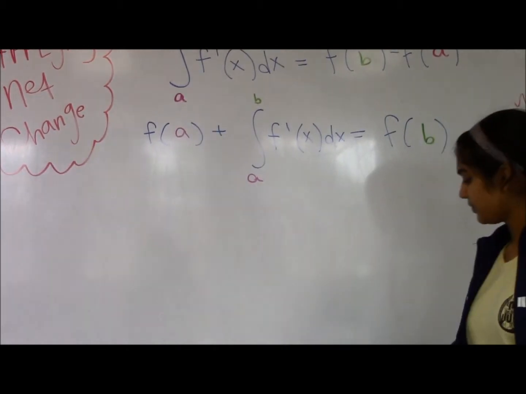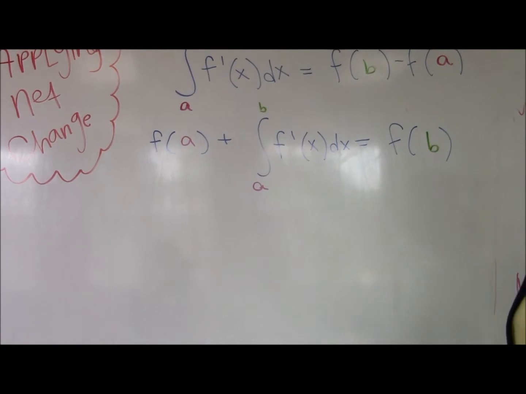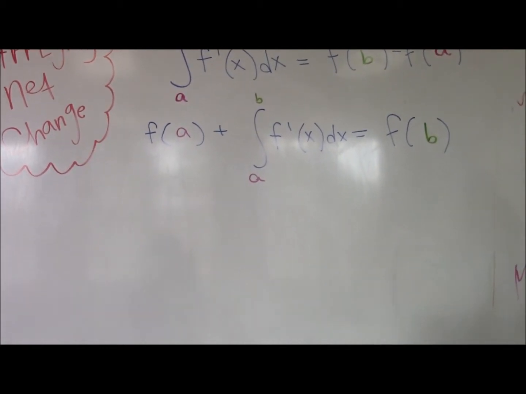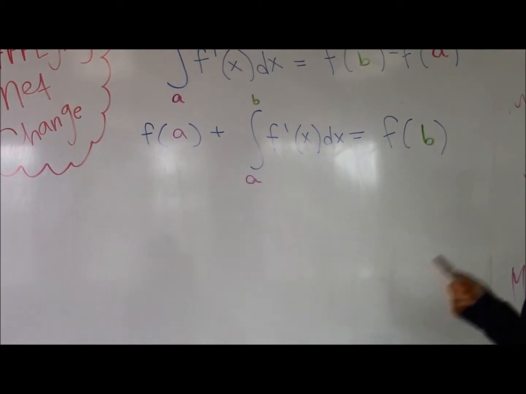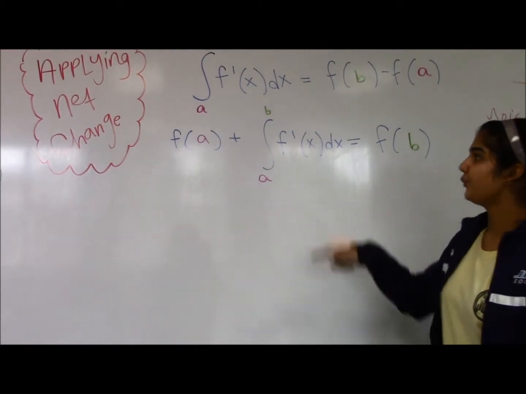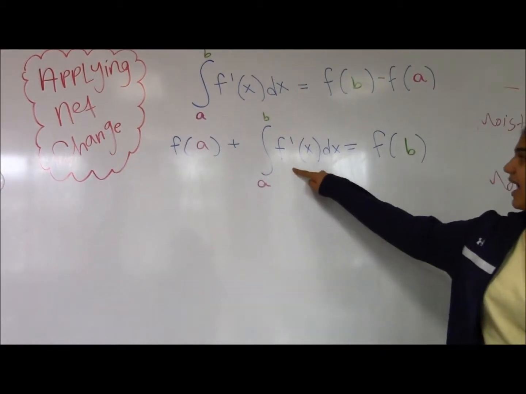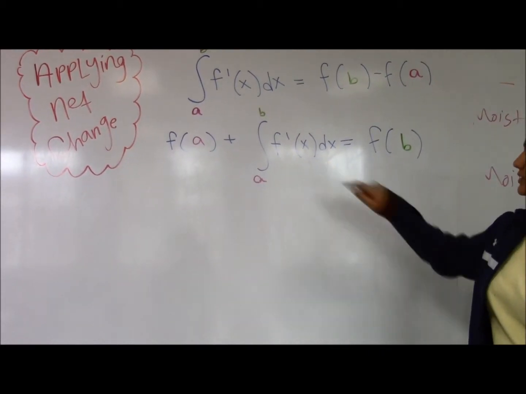And the important thing about net change is you use net change when you have both a value and a rate. So you have a starting value, what f of a equals, and you have what f prime of x equals.